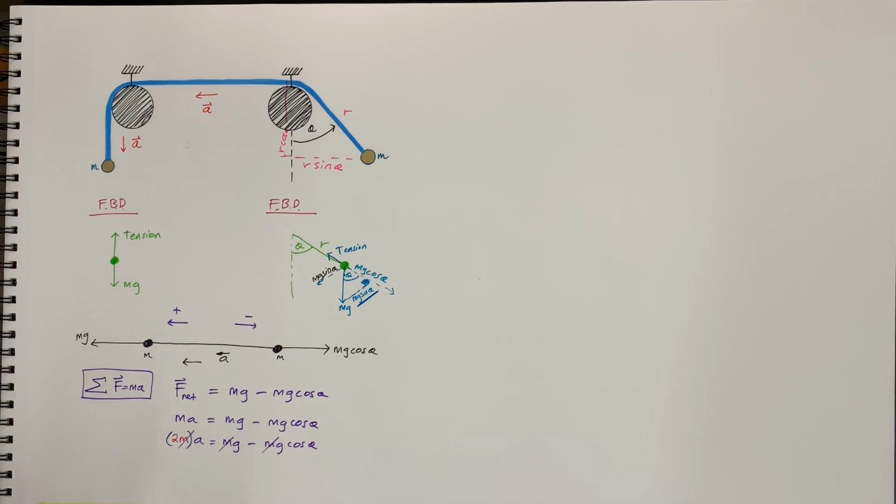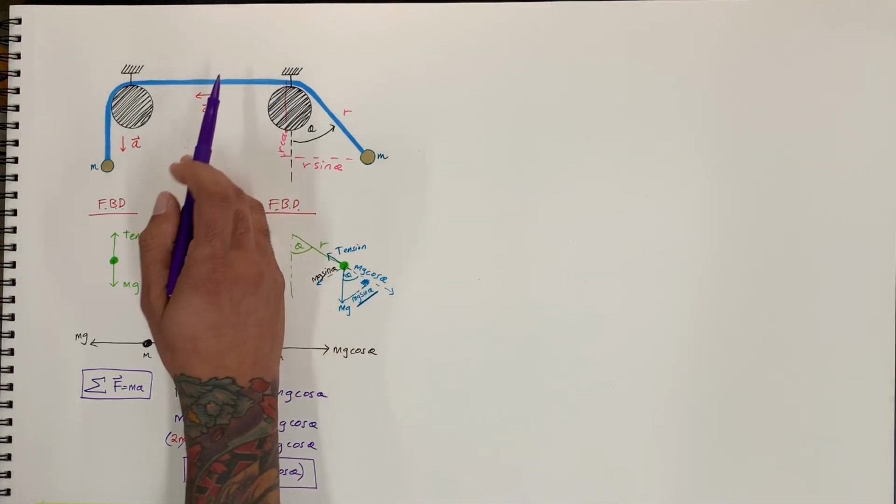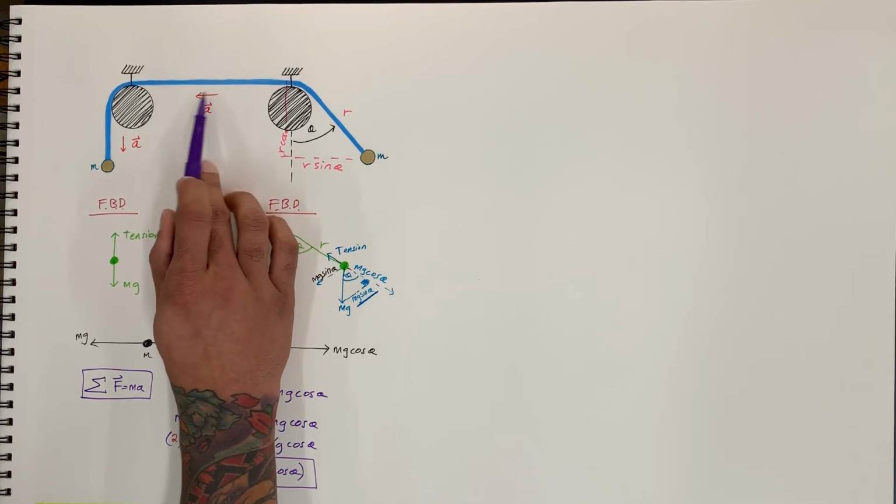We're left with a 2 here, and we can solve for acceleration. Okay, we divide by 2, and we're going to have, so we take out the g's, and we have 1 minus cosine theta, divided by 2, okay, we're good. So this is the acceleration that the system is going in.